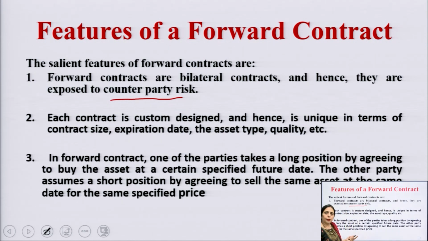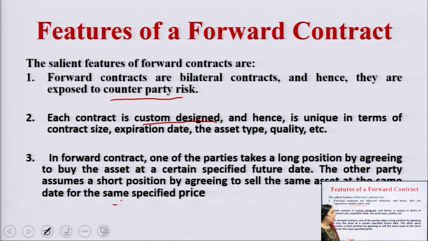I have already discussed in the definition that forward contracts are customized contracts. If it is a customized contract, it is customized designed. It's unique in terms of contract size, expiration date, the asset type, quality, etc. In the forward contract, one of the parties takes a long position by agreeing to buy the asset at a certain time in future.